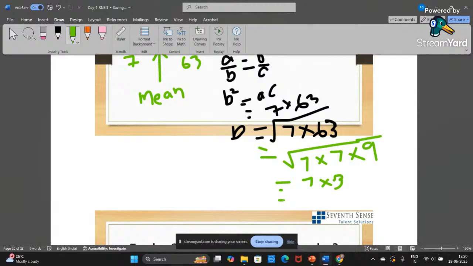So instead of writing 49 into 9, I'm just removing directly the square root and I've written 7, and for root 9 it is 3. So 7 into 3 is 21. Answer is 21.